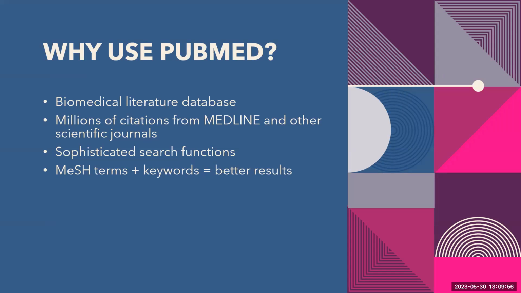There's a lot you can do to get as close as you can to what you're looking for, or get the most possible results. And PubMed does have MeSH terms, which we'll talk about a little more later. But if you are combining MeSH terms and keywords, that is going to get you better results.